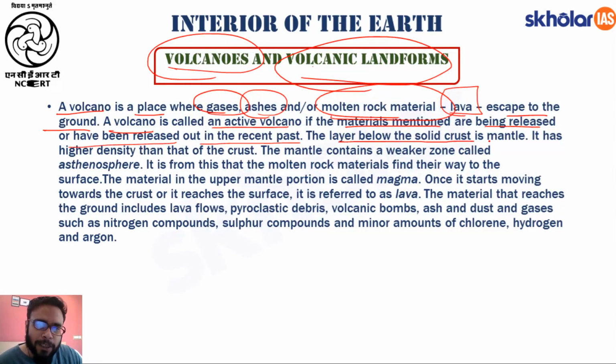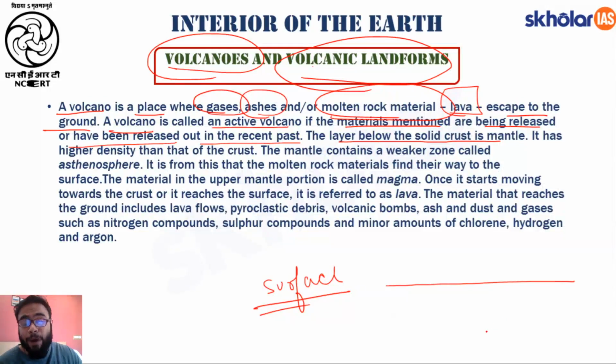And the layer below the solid crust is the mantle. Now this is again a very, very important point. See, here this is the Earth's surface. So where is the magma originating? Like it was said in the last slide, it is originating mostly in the asthenosphere, that means in the mantle. So as the magma flows in the upward direction, it intrudes the lithosphere and reaches the surface of the earth.